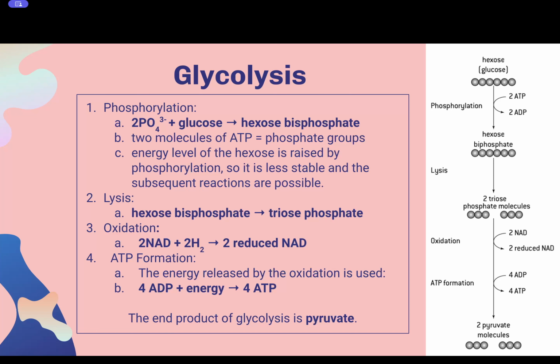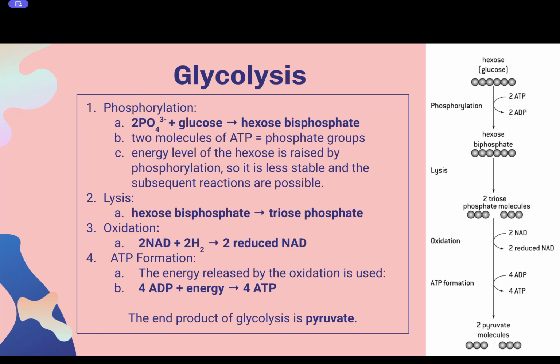The first step is glucose, or hexose, gets converted into hexose biphosphate by adding 2 phosphate molecules from ATP, which converts it into 2 ADP. This process is called phosphorylation, so it goes from hexose to hexose biphosphate.